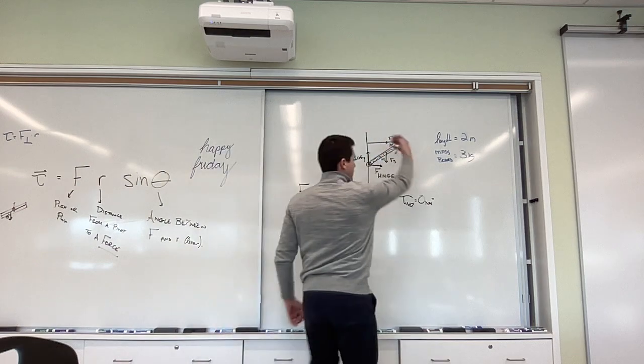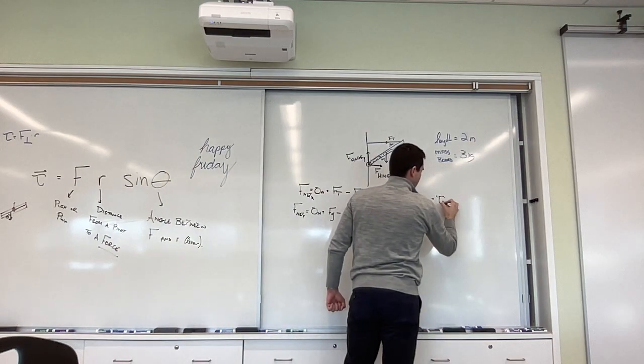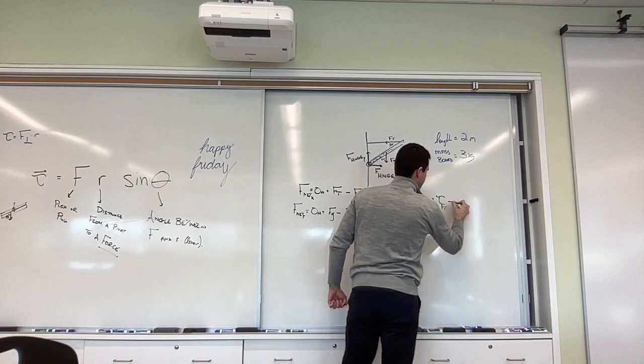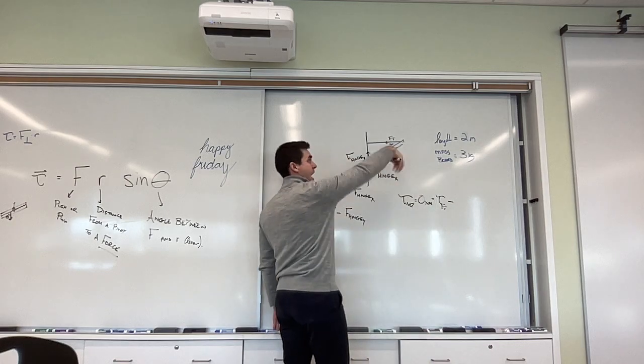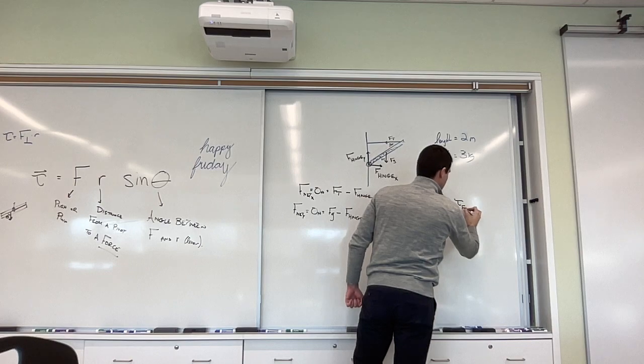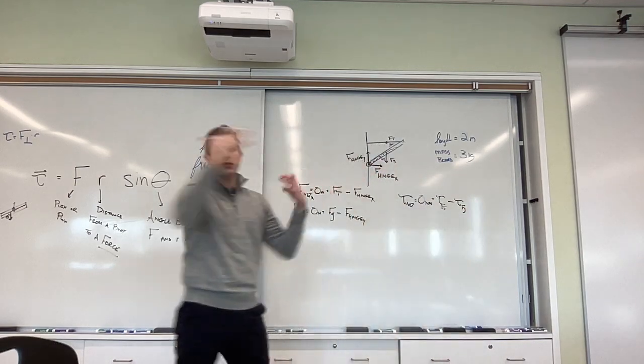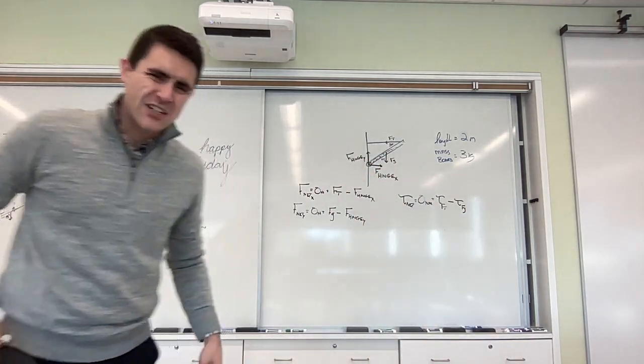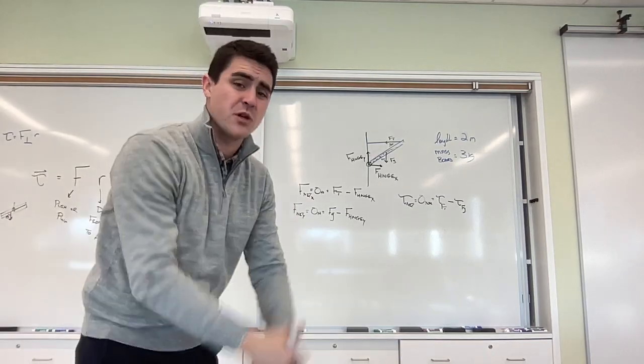I've got the tension force acting counterclockwise, so torque from Ft is acting counterclockwise. Fg is acting clockwise, so torque of Fg is clockwise. Here is my net torque expression. Let's go ahead and find that tension force. We don't know it.